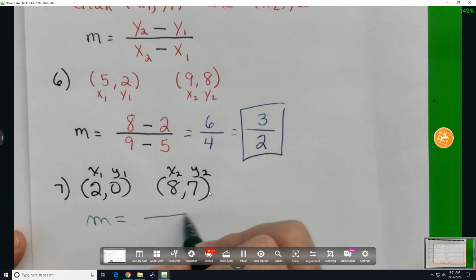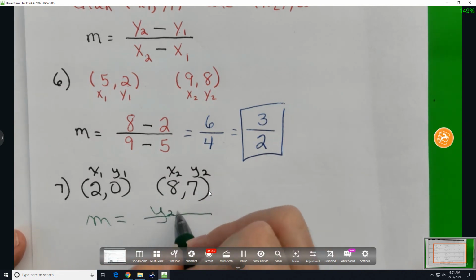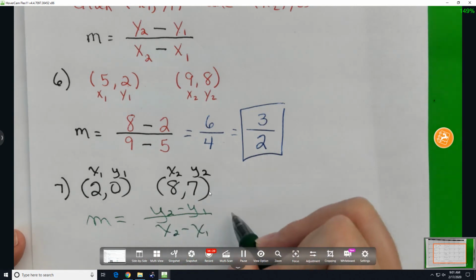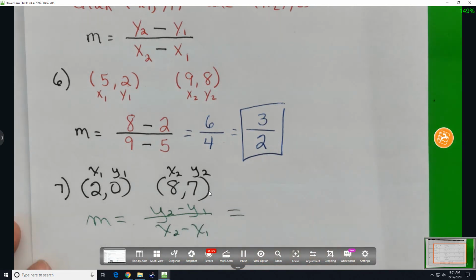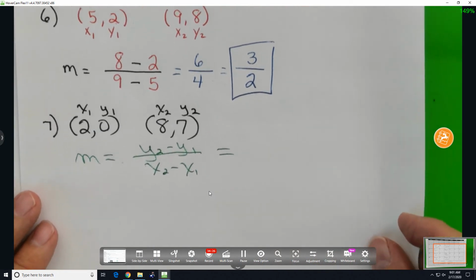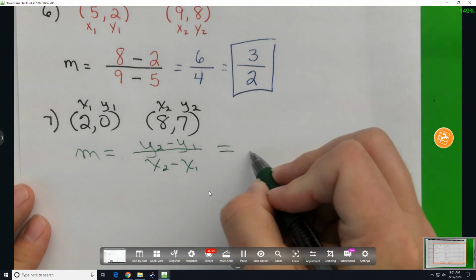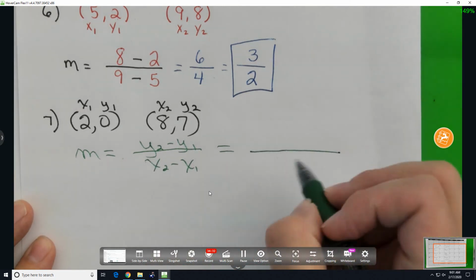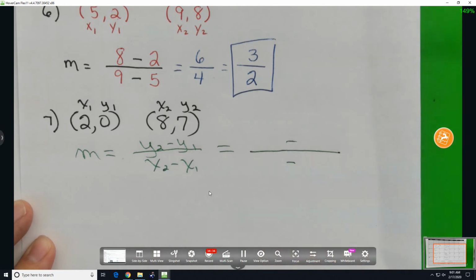I'll rewrite the slope formula: y2 minus y1 all over x2 minus x1. So I can now push this thing up. Okay, what's going to go here? There's my minus and my minus from the formula.